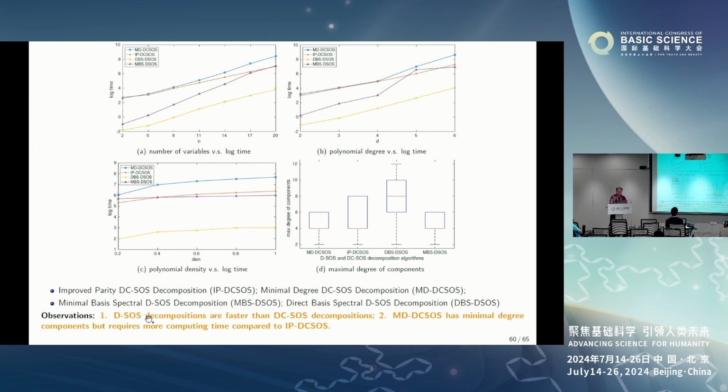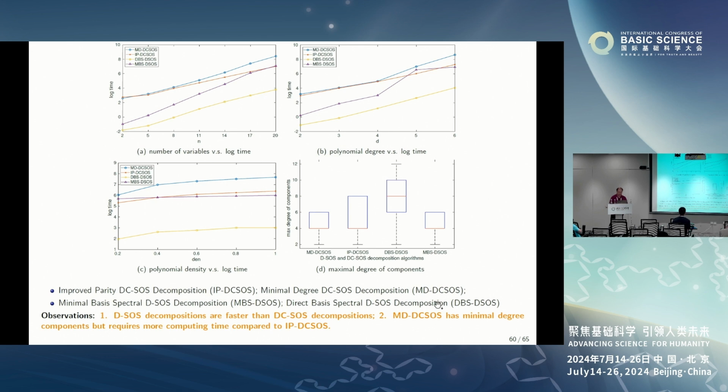If you need a more beautiful property like convexity, you should pay something: the average computing time is larger. The second is that among the decompositions with convexity, the minimal degree decomposition is the best one with respect to computing time and variation of the degree.